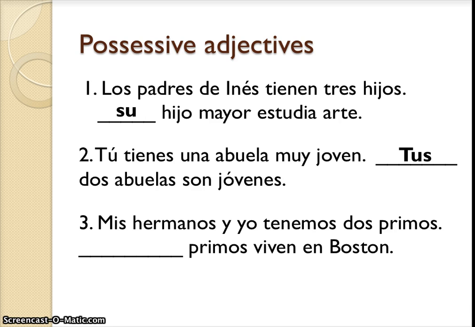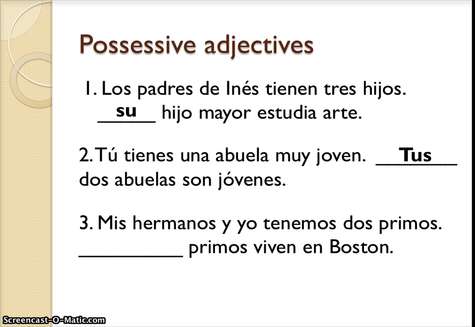Live in Boston. So what's going to go in the blank? Okay, our first sentence is talking about my brothers and I have 2 cousins. So the blank in English, we would put our cousins live in Boston.